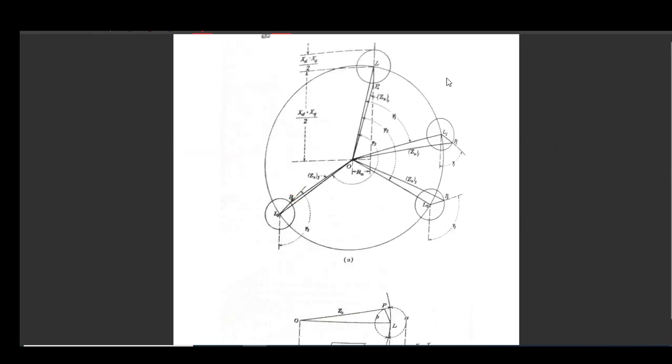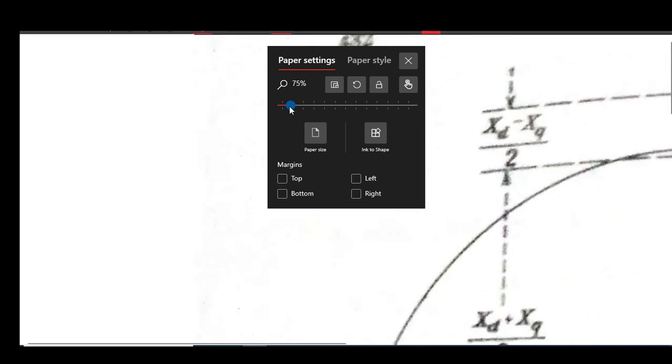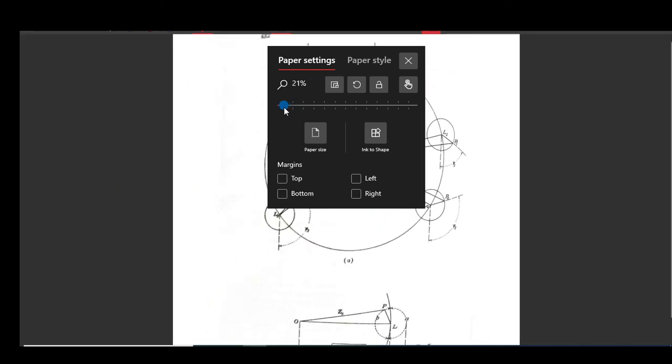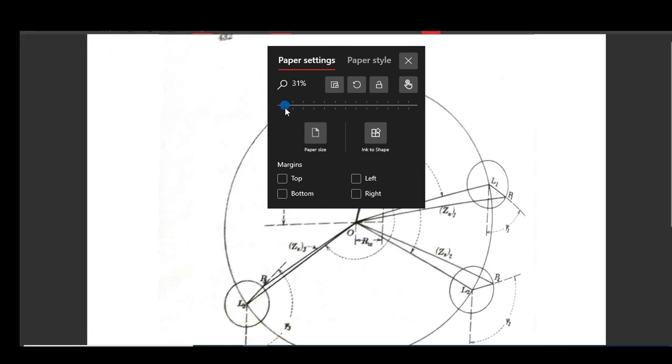More or less, let us try to serve our purpose with this. We cannot have a better picture at this moment. Whatever I could manage, let us try to do the job with this much.